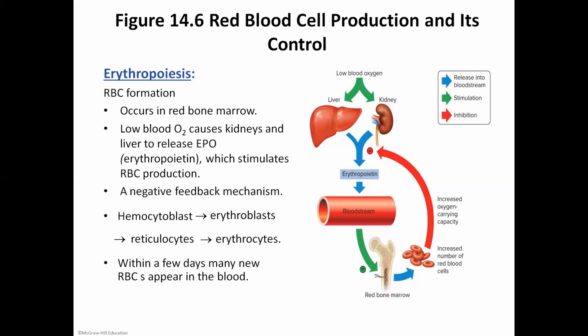So again, your oxygen levels are low, the liver has receptors that sense this, there are kidney receptors that will sense this, and they help to stimulate and release that erythropoietin, or EPO. The EPO is then distributed in the bloodstream, and it triggers the red bone marrow to start producing more erythrocytes, more red blood cells.